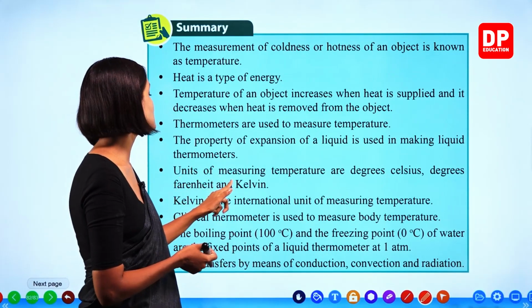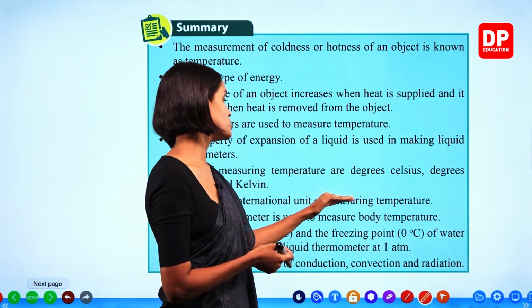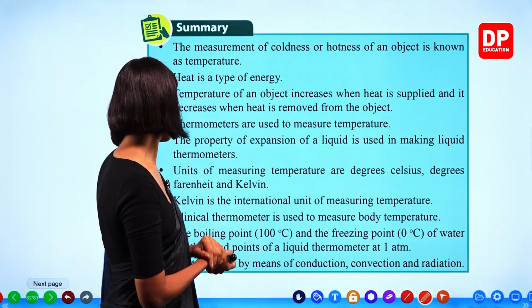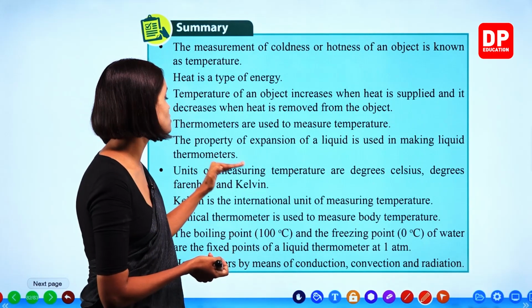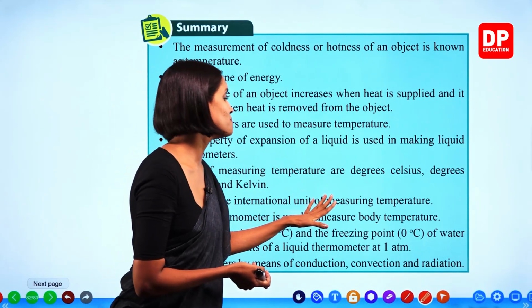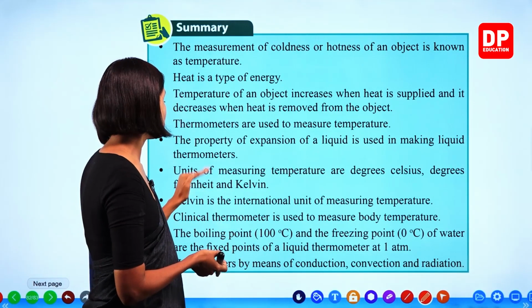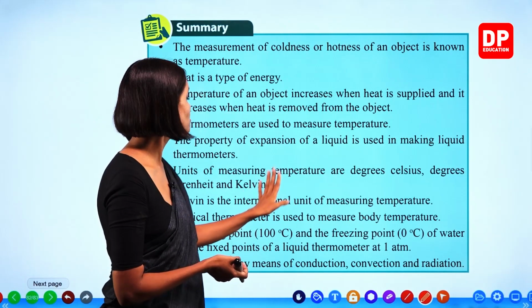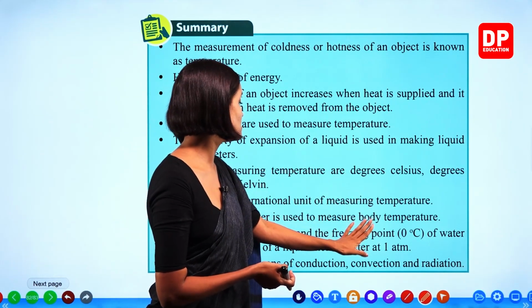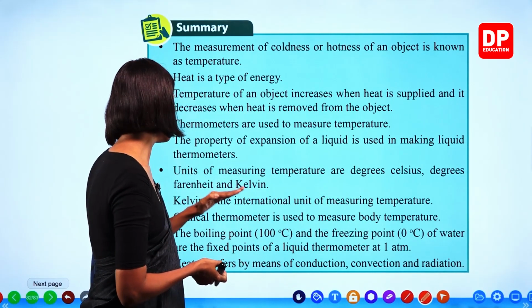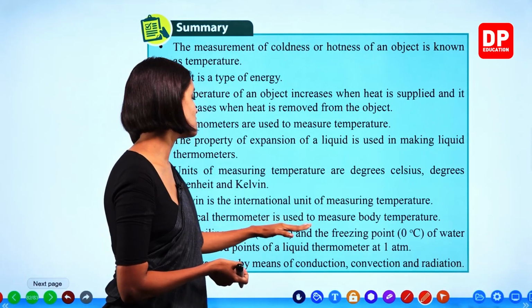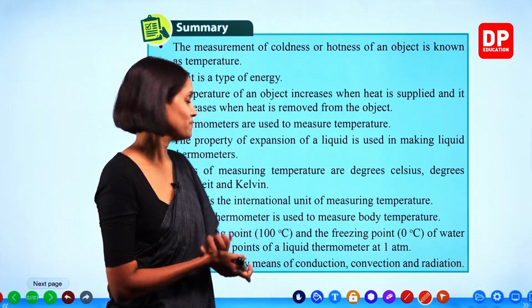Okay, Kelvin is the international unit of measuring temperature. Clinical thermometer is used to measure body temperature. Right, children? The boiling point, 100 degrees Celsius, and the freezing point, 0 degrees Celsius of water are the fixed points of a liquid thermometer at 1 atm.